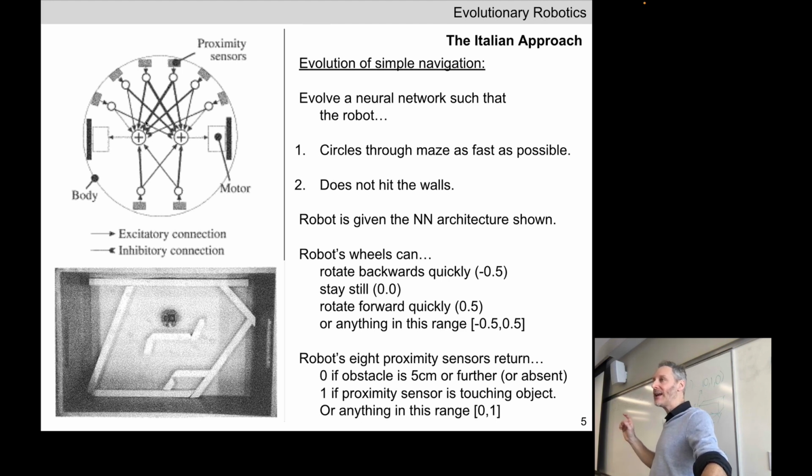So they're basically setting positives and negatives onto all of these synapses, but the actual positive value or the actual negative value is going to be determined by the evolutionary algorithm.